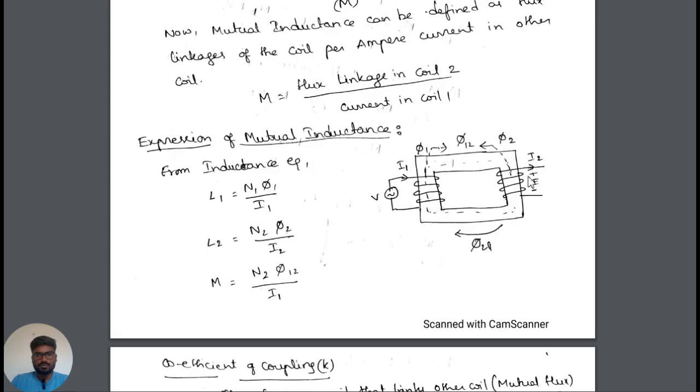For coil 2, the self-inductance is N2 phi2 by I2. The mutual inductance will be N2 phi12, the flux generated by the first coil which is linking to the next coil, divided by the first coil current, I1.